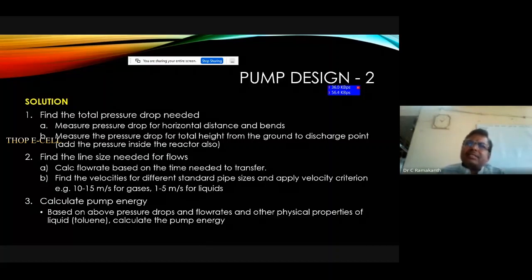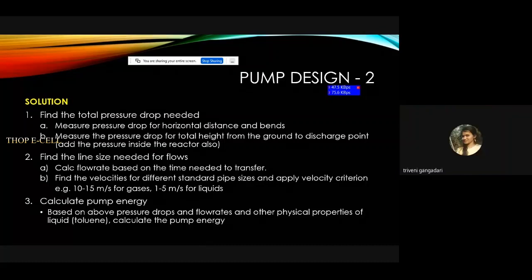Okay, so this is a slight adjustment. We just have to do 2-3 iterative calculations and then come to a line size. Okay. Is your doubt cleared? Yes, sir.